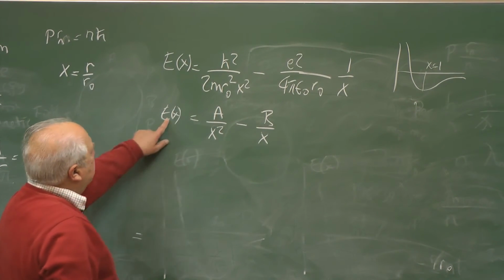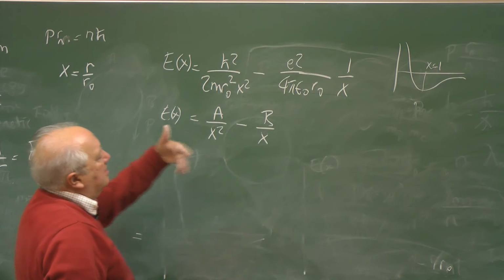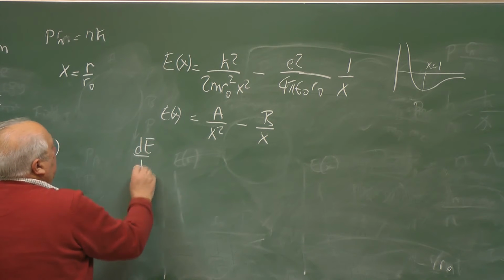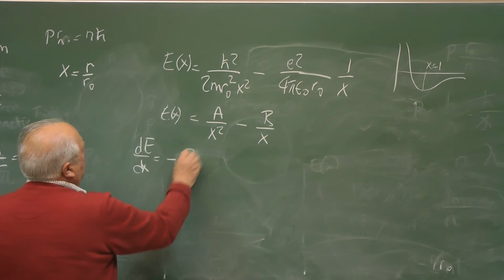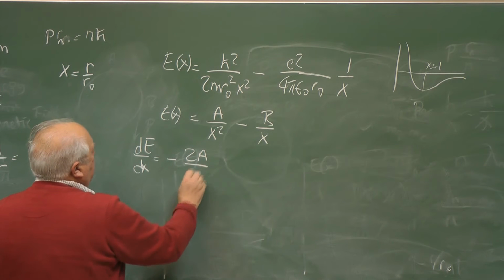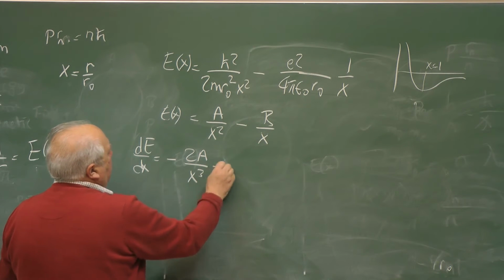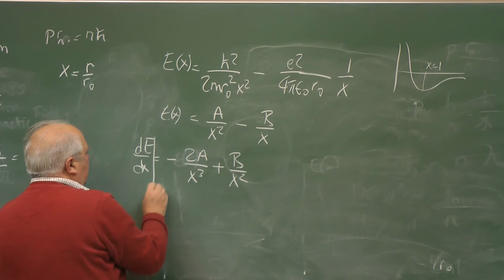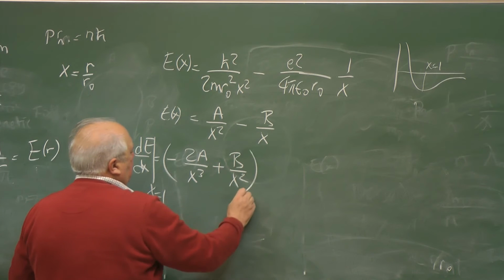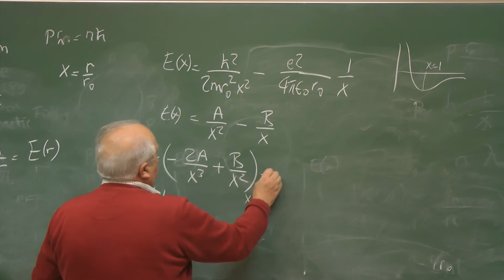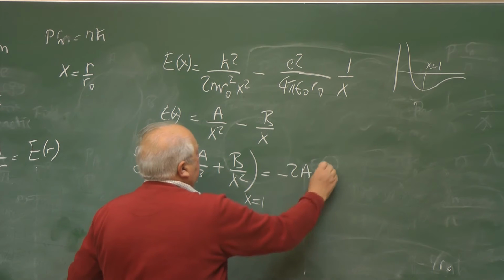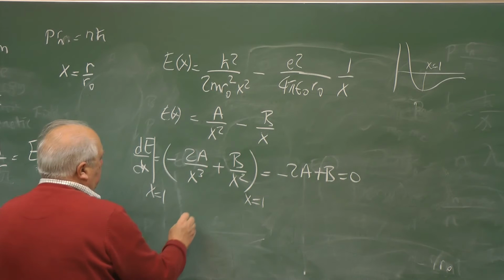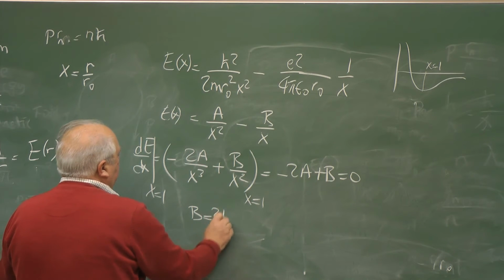And we know that the derivative of E of x at x equals 1 is 0. dE/dx is equal to minus 2a over x cubed plus b over x squared, and this is at x equals 1, which is minus 2a plus b, that is equal to 0. So b is equal to 2a.